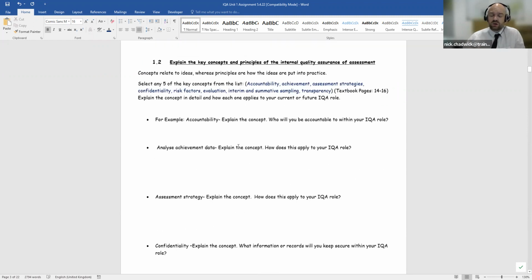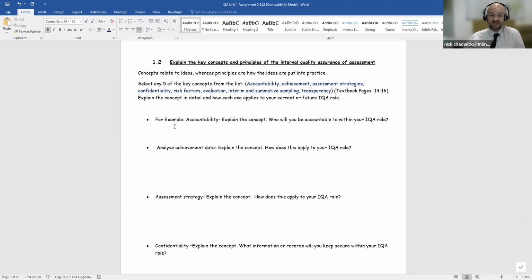So in terms of accountability, who are you accountable for as an IQA? Of course, you're accountable to your learners. You're accountable to your colleagues as well, to make sure that their teaching or assessing role is comfortable, it's straightforward, their day-to-day role is easy to follow.